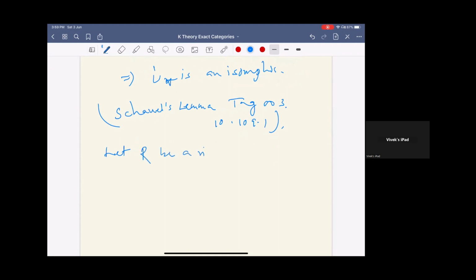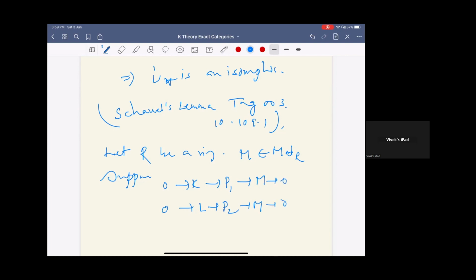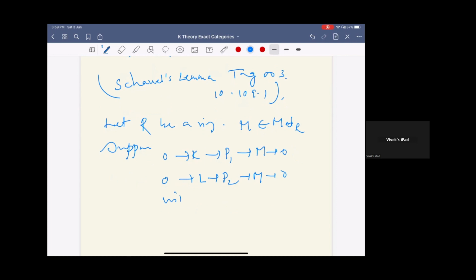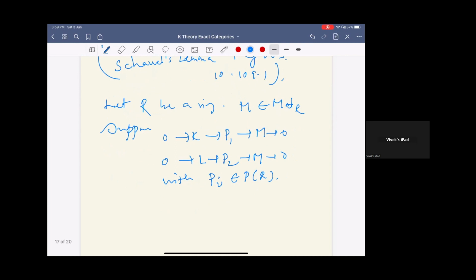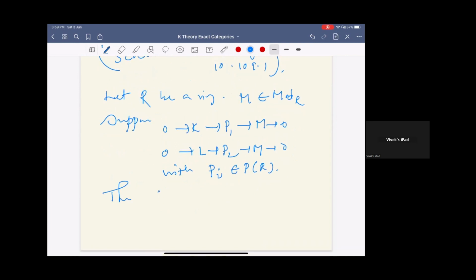So take a ring R, M belonging to mod R. Suppose there are two short exact sequences with P_i belonging to projective modules, then K direct sum P2 is isomorphic to L direct sum P1.